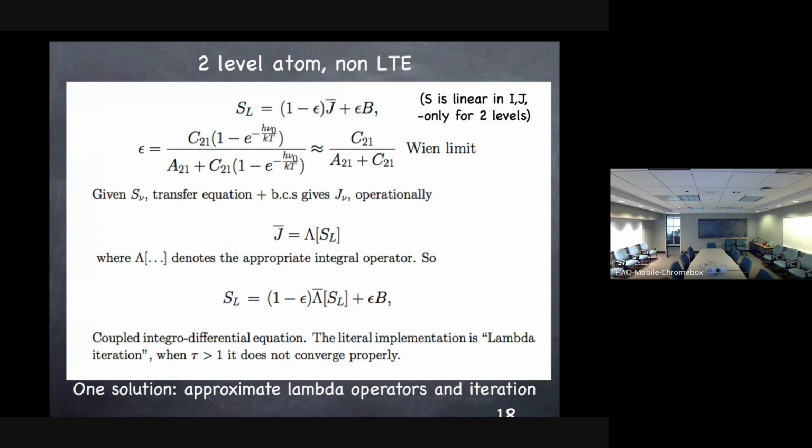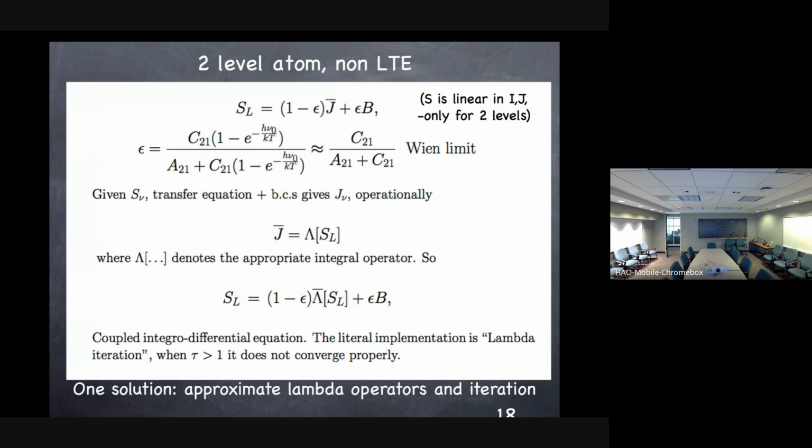If that number is very small, we look above and we see that the source of radiation in the transfer equation is going to be close to J bar, very close actually, and only a tiny fraction from B. Now, B is a local number depending on temperature, but J doesn't depend on any local number, only to the extent that the radiative transfer equation is relatively local.